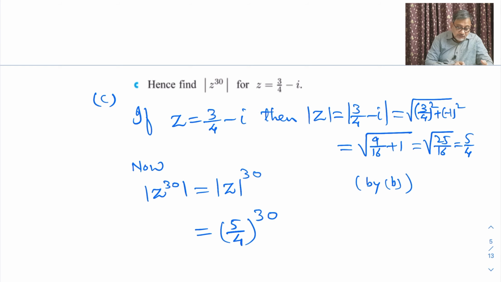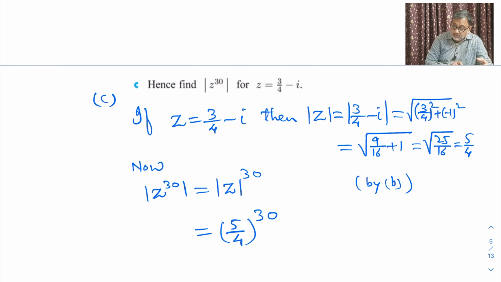Bracket 5 divided by 4, bracket to the power 30. So my answer is 37.5, or sorry, I wrote 5 by, no, sorry. So I have to write 5 divided by 4. I took something else by mistake.